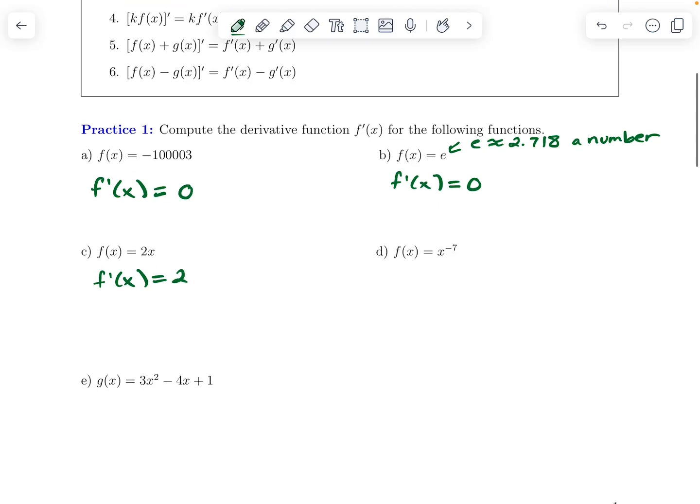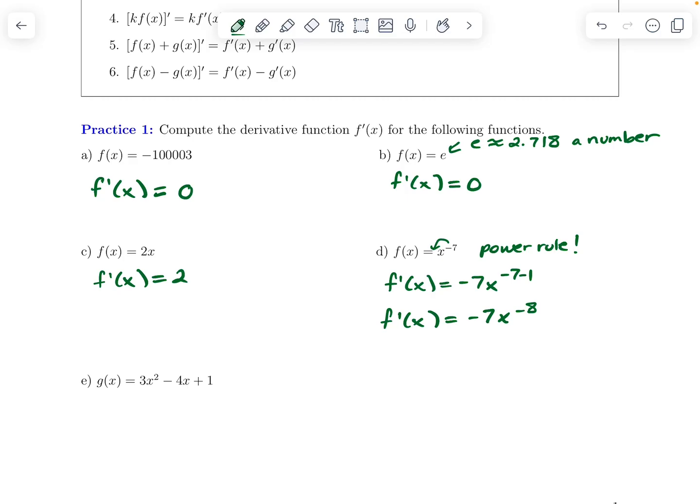Okay. And now I want to apply the power rule. Okay, so I want to bring down the power, right? So I got to bring down the negative 7, x to the negative 7 minus 1. And then when I simplify that, I get negative 7, x to the negative 8.